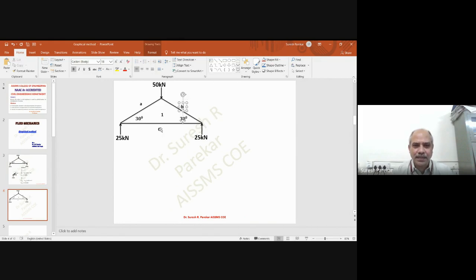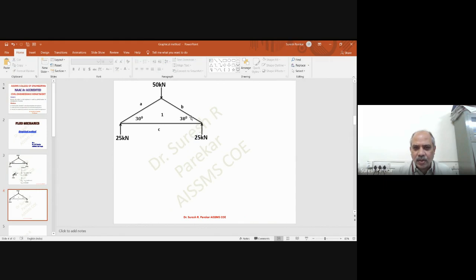So we have this as B, and this as C. Now we are interested to find the force in member A1, means this member. Then B1, means we have to find the force in this member. And then C1, means we have to find the force in this horizontal member. So this member we are going to nominate as A1, this member as B1, and this member as C1.